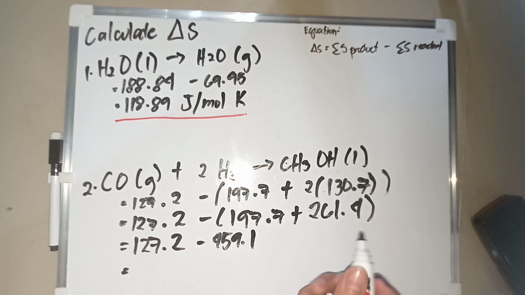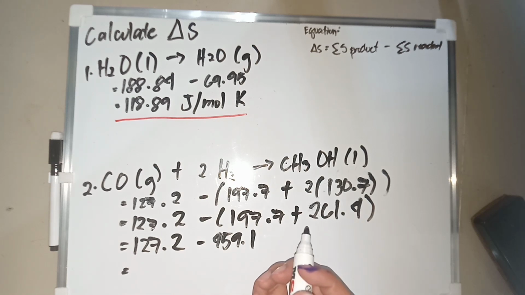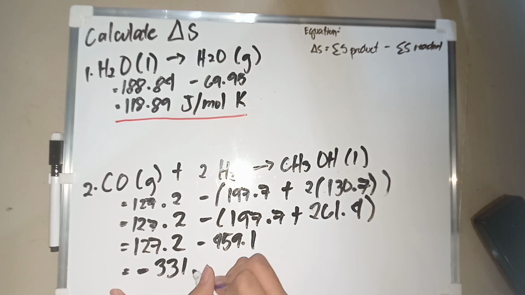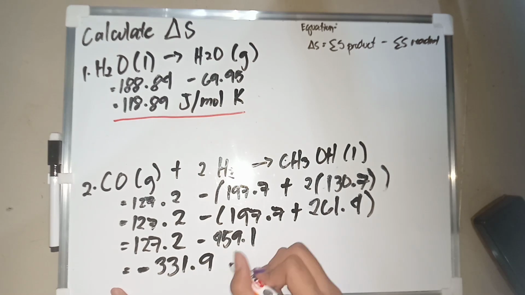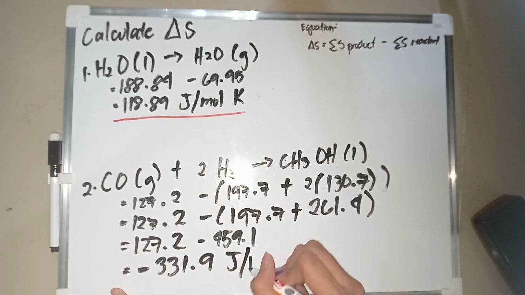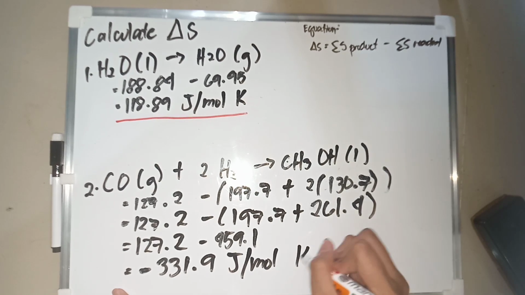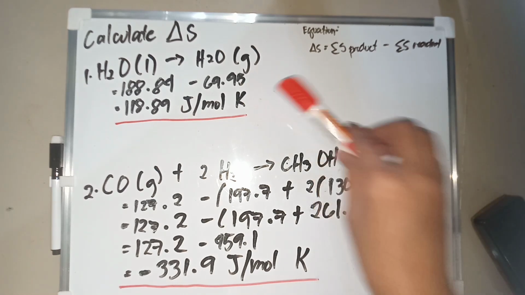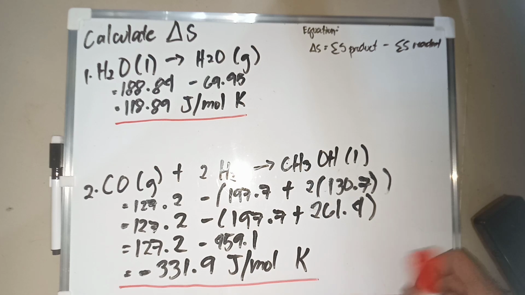Then 127.2 minus 459.1, we would get negative 331.9 joules per mole Kelvin. So, number 2, this is our answer. A bit longer than number 1, but it's pretty easy to understand.